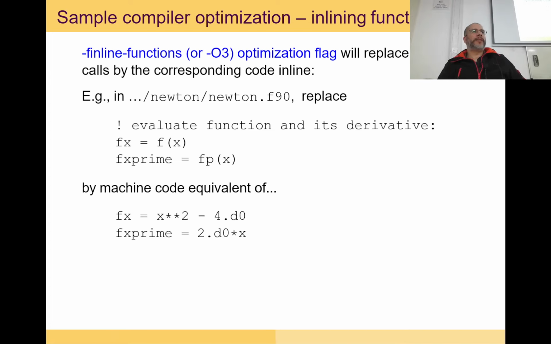Similarly for f prime. But we may use the function for readability, because then you can just change the function however you want, and the code will work. If you hard code your program to deal with x squared minus 4 and the derivative as 2x, it's very difficult for you or somebody else to modify that quickly to work with any kind of function.